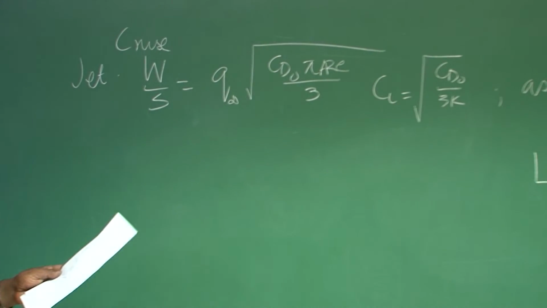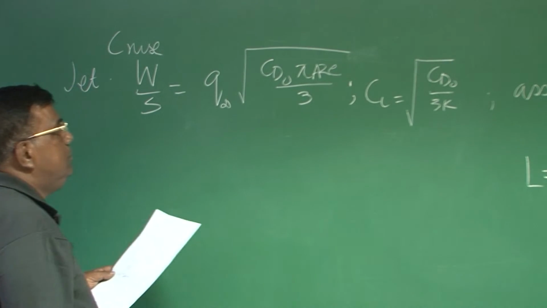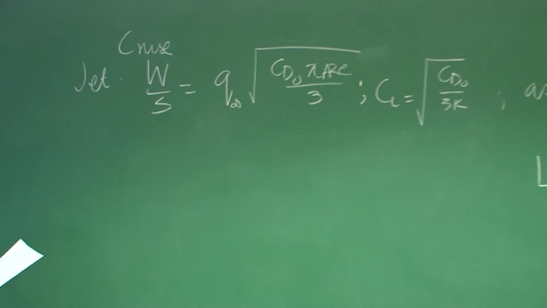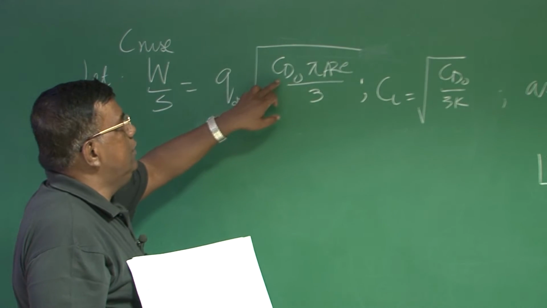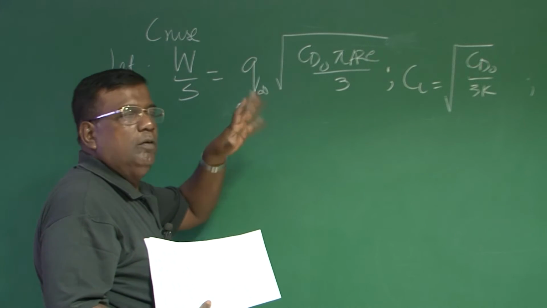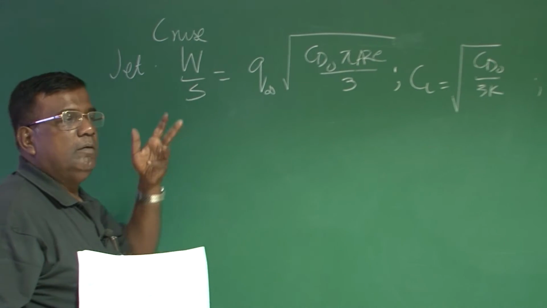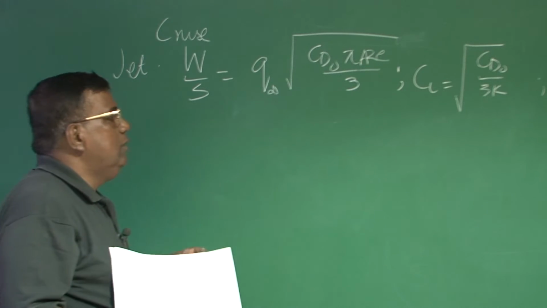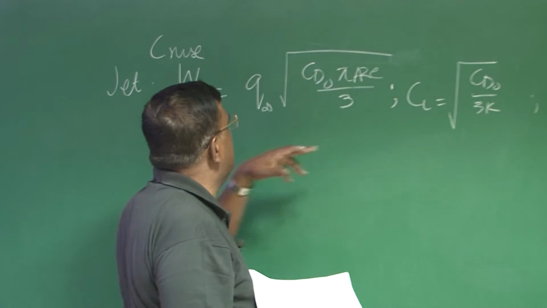You can cross-check from the earlier notes. So again, the story is the same. You pick a CD naught based on the historical data. Again, it will be around 0.02. Aspect ratio may be 6 or 7. E, I will always recommend you start between 0.6 and 0.7.